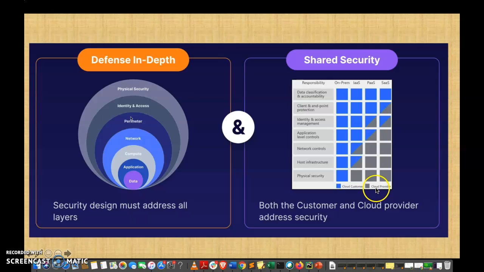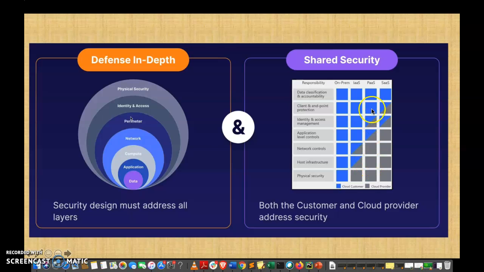A cloud provider will take care of physical security. Physical security is completely closed, so it is not with the customer; whatever is with the cloud provider is taken care of. Host infrastructure: for infrastructure as a service, they partially take care of whatever hosting is there.